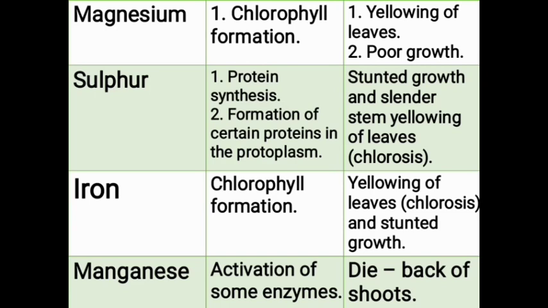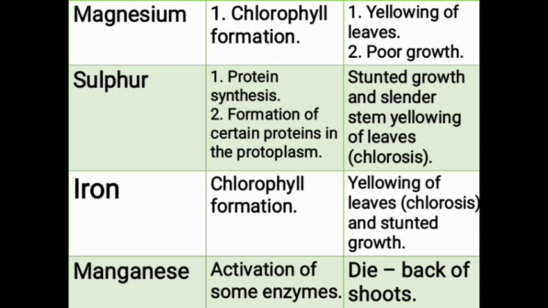The deficiency results in stunted growth, slender stem, and also yellowing of leaves. That yellowing of leaves is called chlorosis. We also have iron. Iron also helps in formation of chlorophyll. Now, its deficiency results in yellowing of leaves and also stunted growth.